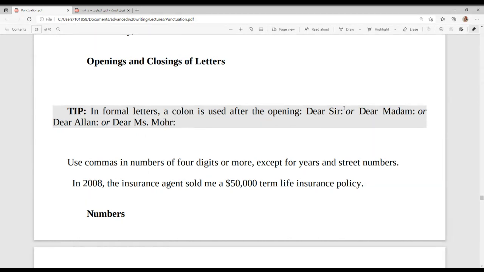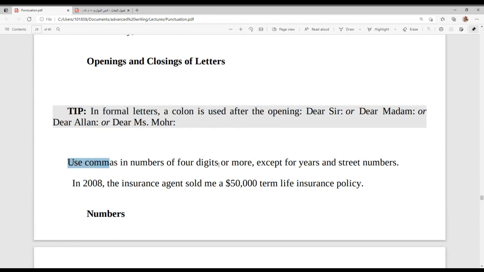See, we have a colon here, not a comma. We use a colon rather than a comma. But in informal letters, we use a comma. Dear Jack, dear Ali, dear Muhammad, etc.